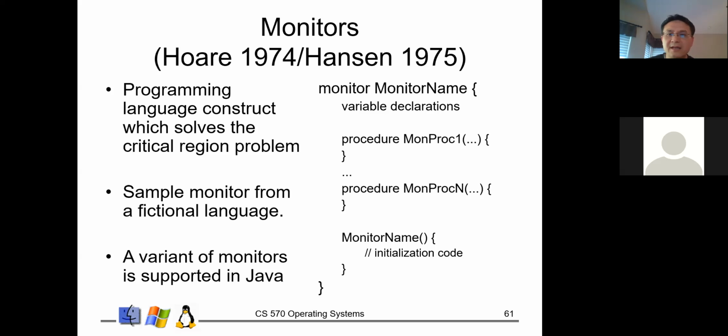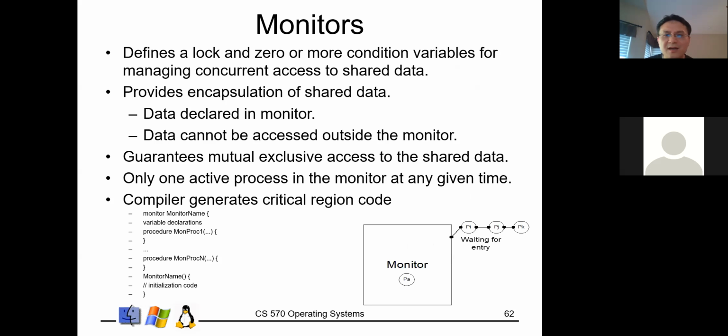I believe Tony Hoare is a British computer scientist, and Brinch Hansen is from Denmark. All right, so let's see how the monitor works.